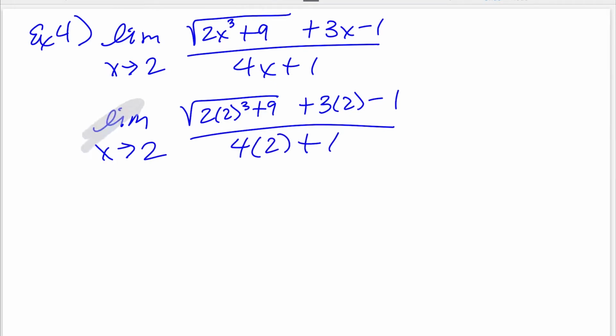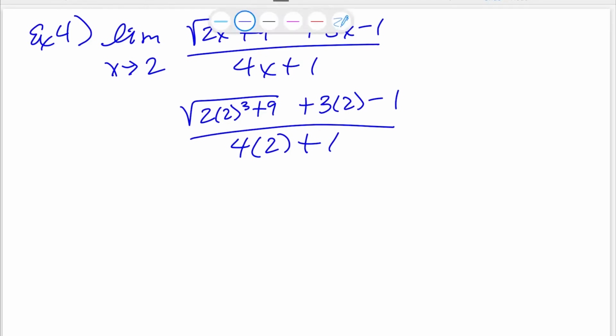Now here's the deal. When you do your limits, I shouldn't have put that in there. You write limit notation all the way up until you plug it in. As soon as you plug in this value, I'm trying to get red here.